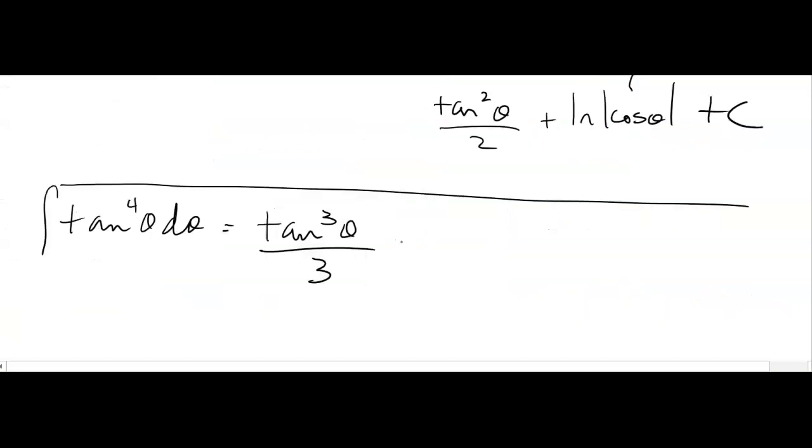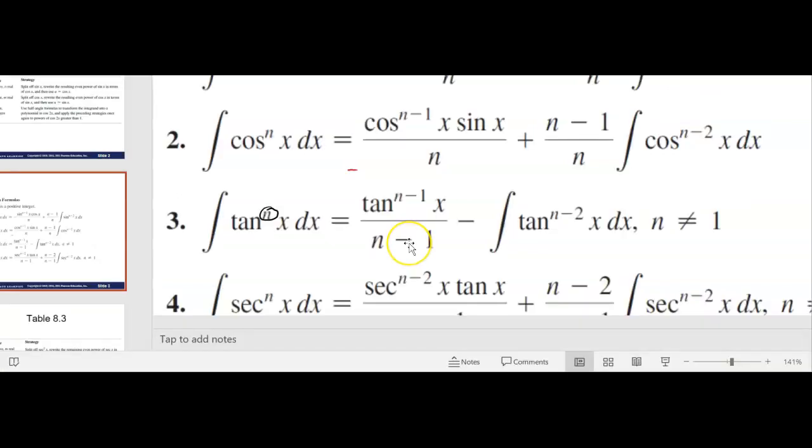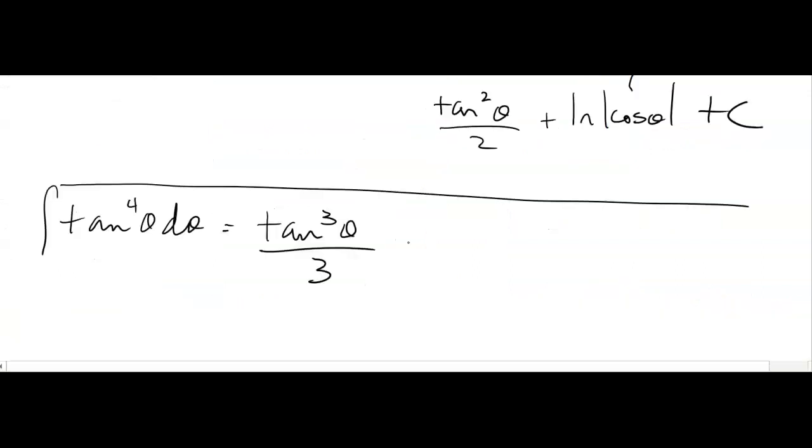You've got to remember each little part of it: minus the integral of tan squared theta d theta. However you choose to do it is entirely up to you. We still have to take care of this integral of tan squared.